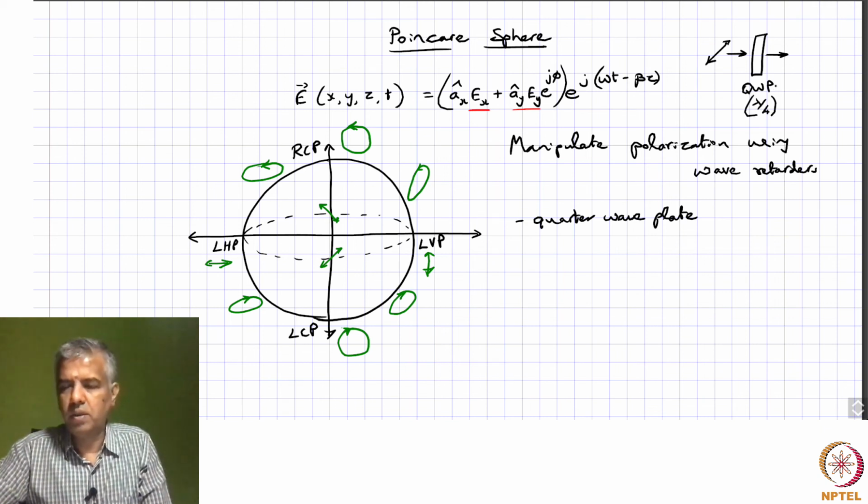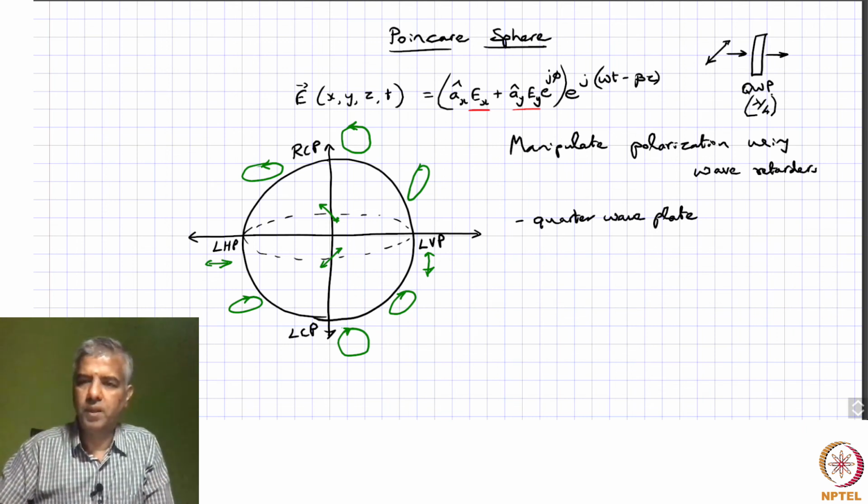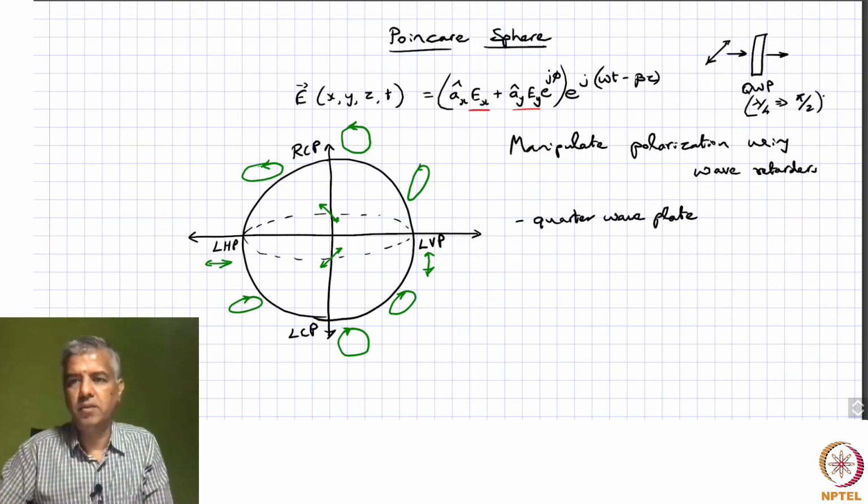That is in terms of the path length, but in terms of phase, lambda by 4 corresponds to a pi by 2 change in phase.